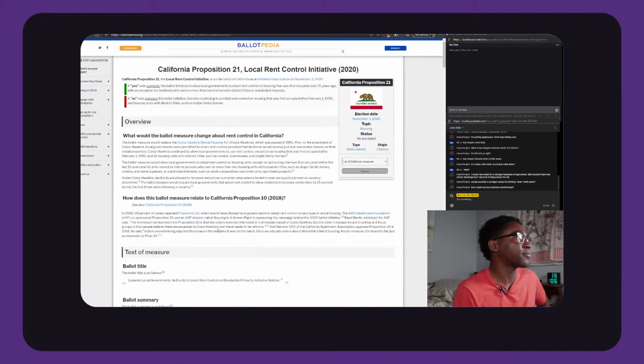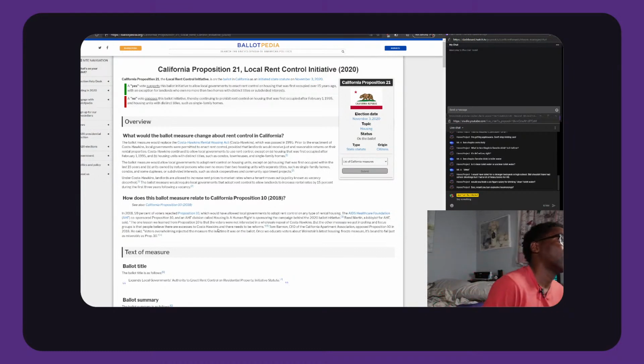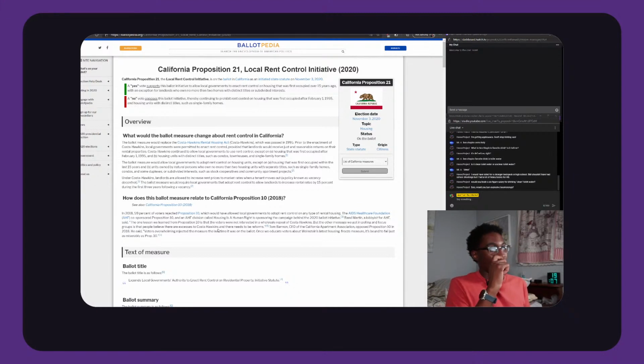So Costa-Hawkins is the very popular rent control initiative that's going on, and it's popular in rent control dogma because it was passed in 1995. And before that, local governments could enact rent control in pretty much any way they wanted to.